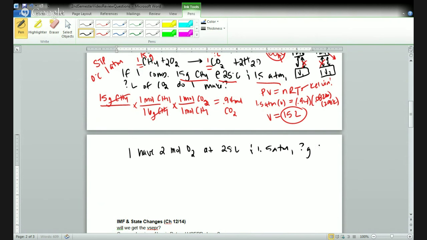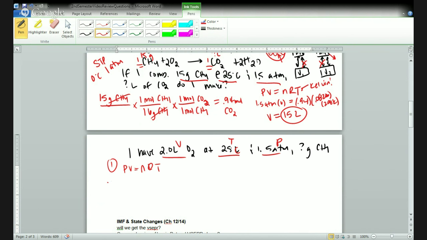How many grams of CH4 do I have? So if I look at this time, I don't have 2 moles, I have 2 liters. Here is a volume, here is a temperature, that's a degree Celsius, even though it's terribly written, and this is a pressure. I know I'm starting with PV=nRT first, and I'm going to do the mole map second.